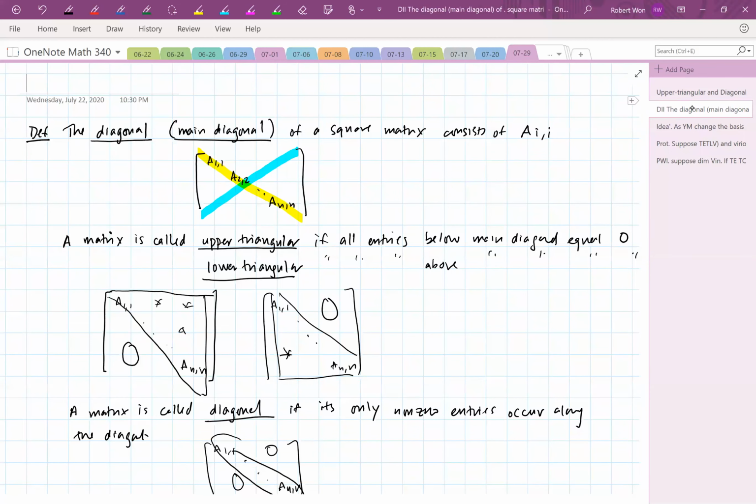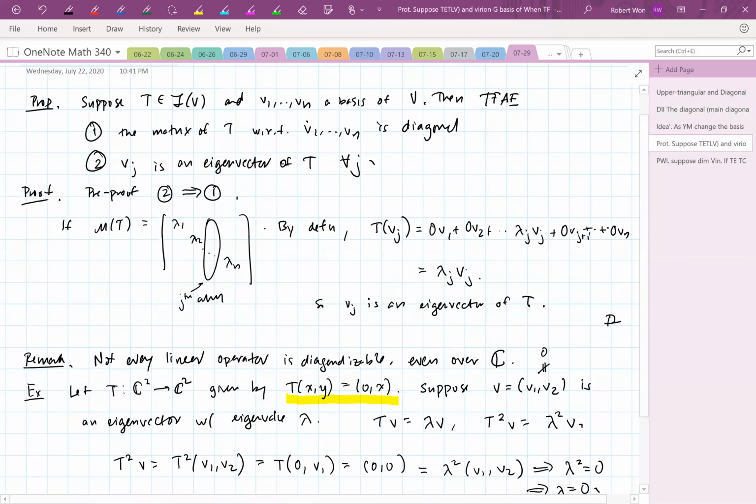So you could ask the question, well, what does it mean to say that I can choose a basis so that the matrix of my linear operator is upper triangular? And can I always do it? Right, because a diagonal matrix is more specific than an upper triangular matrix. So this process of diagonalization is giving you something even stronger than being upper triangular. So what if we weaken it to just asking for something to be upper triangular?